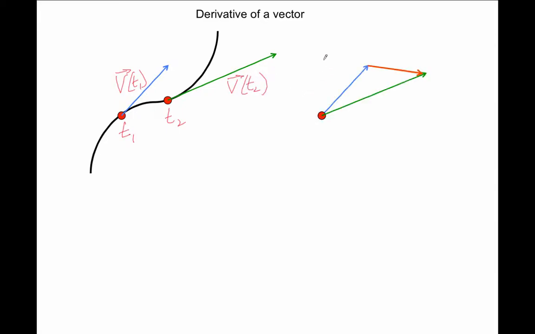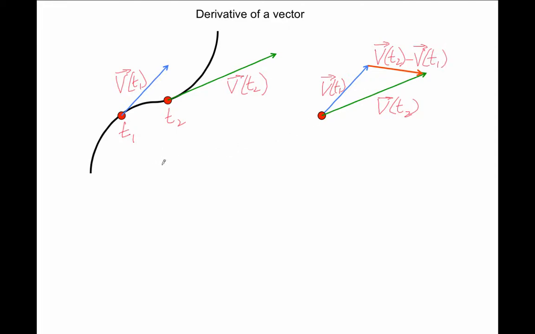Okay, now let's transport this vector v of t1 so that it's here. So this is v of t1. And let's parallel transport this other vector so that it is here. So now we have a triangle, and obviously by the rule of vector addition that we discussed, this is v of t2 minus v of t1.